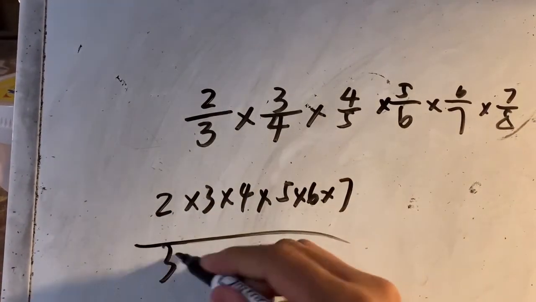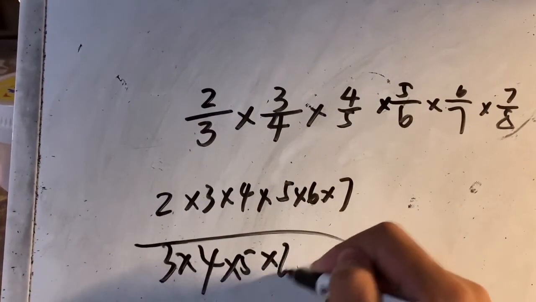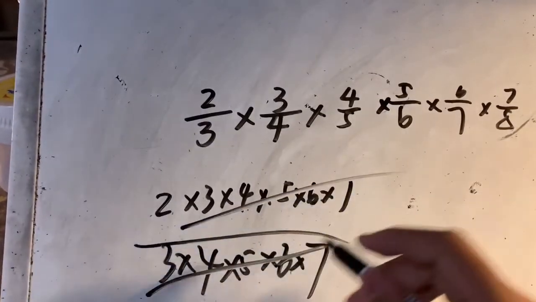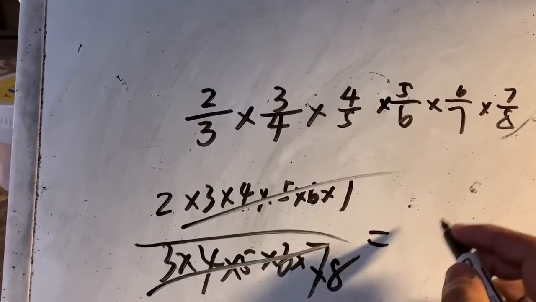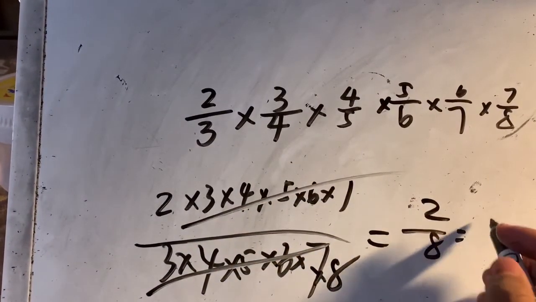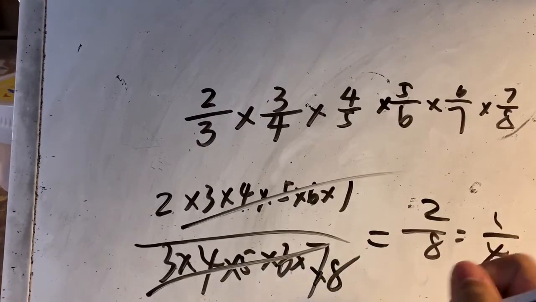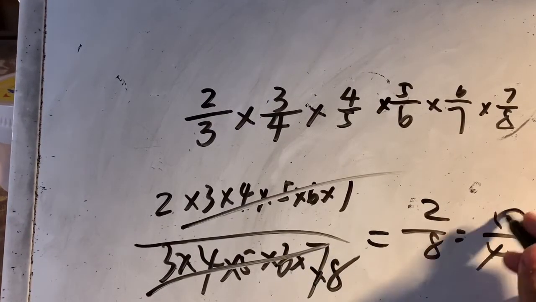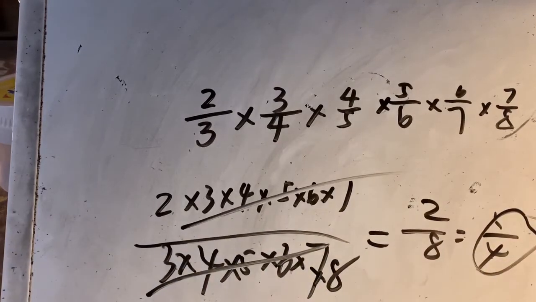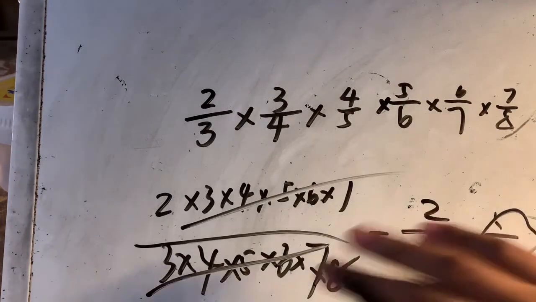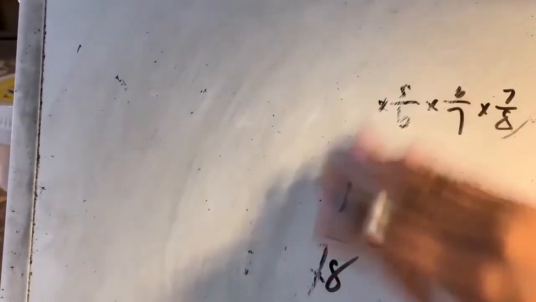And you will find that all the 3 times, 4 times, 5 times, 6 times, 7 things can be cancelled. So you know that after simplification, it will be only equal to 1 divided by 4. So it will be equal to this as the final answer. So these are some skills that you can use to make it easier to solve fractions.